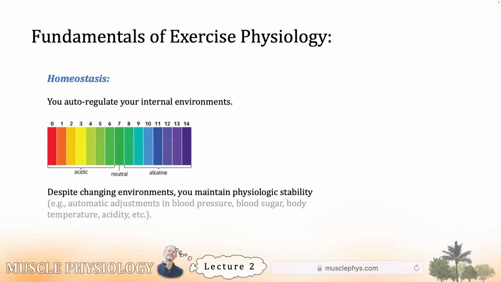Homeostasis, this is another principle. Your body maintains a really narrow window of physiologic ranges. I mean, if you just absorbed the temperature of the room you were in, the environment you were in, you die. If it's 70 degrees where you are and your body assumes that temperature, that's death.